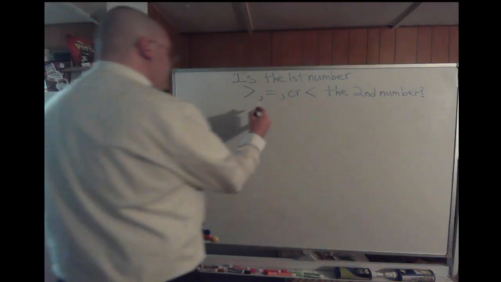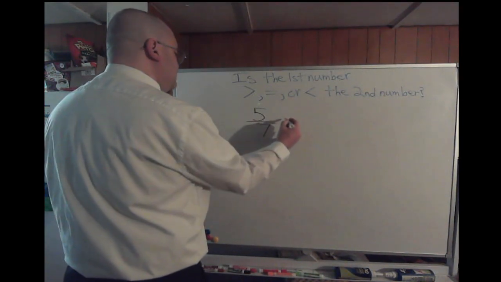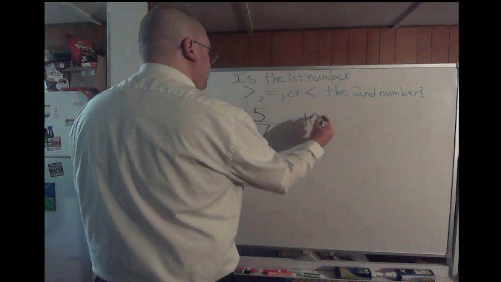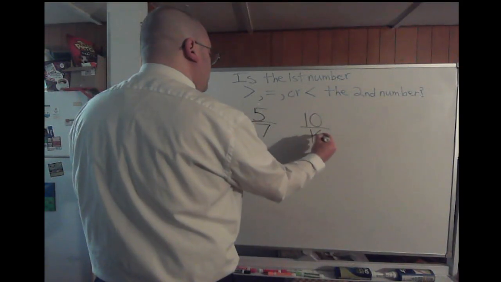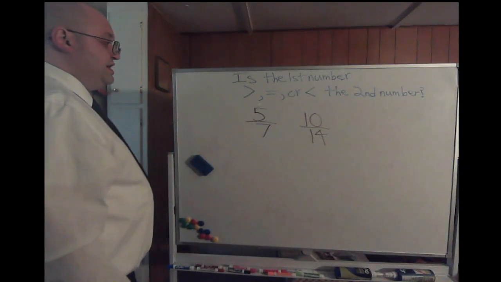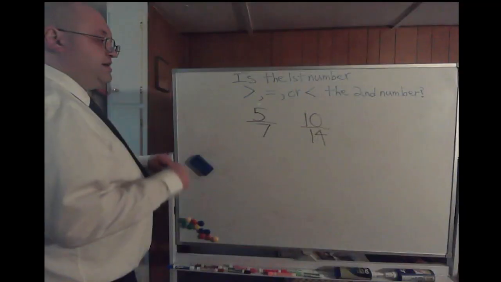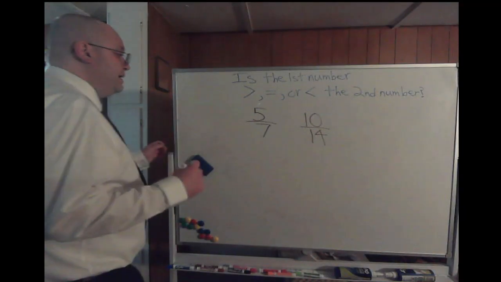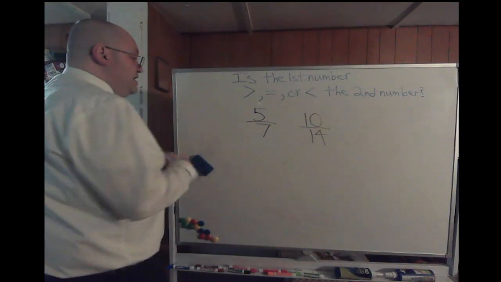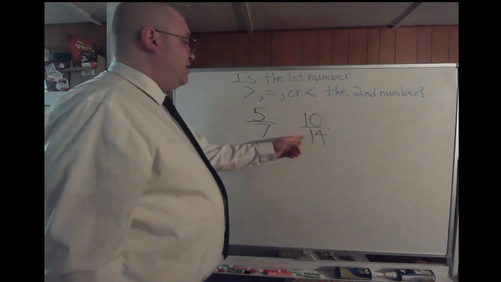Alright, so we have 5/7 and 10/14. With this particular one, I don't think we're going to have to bust out any decimals. I'm going to tell you why. Because it almost looks like 10/14 is double the numerator and denominator.